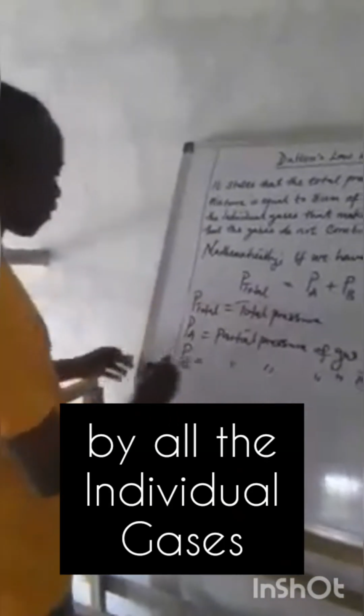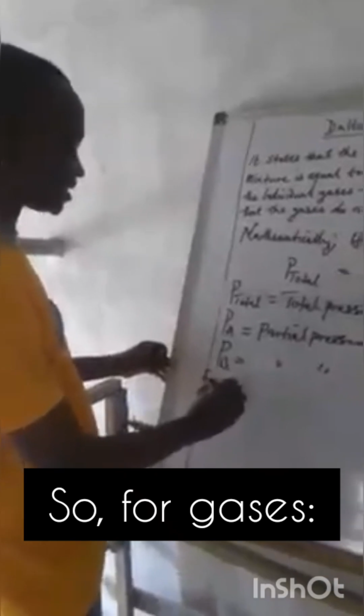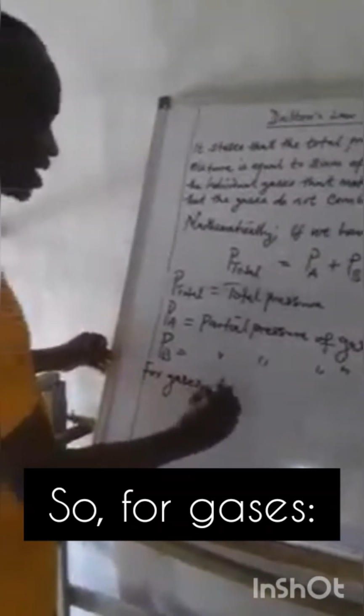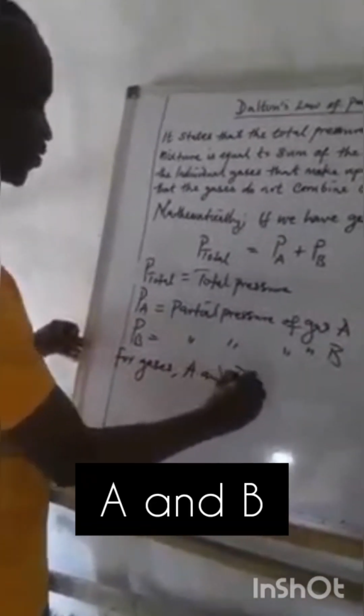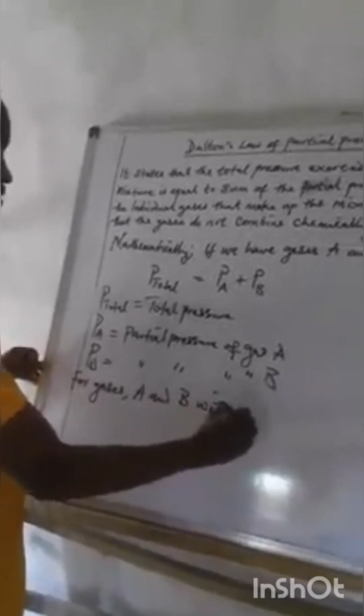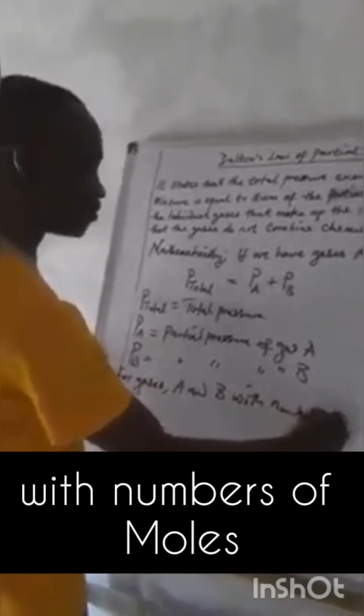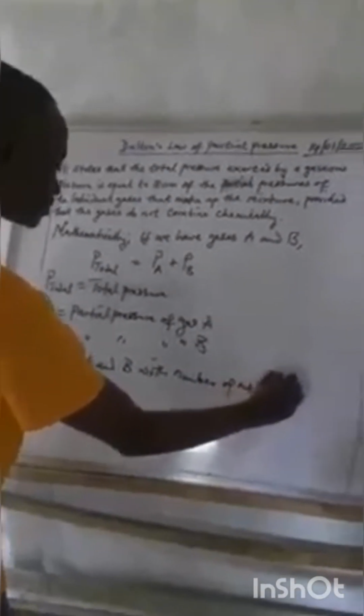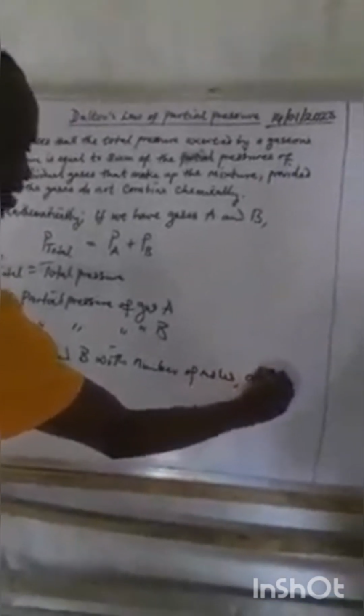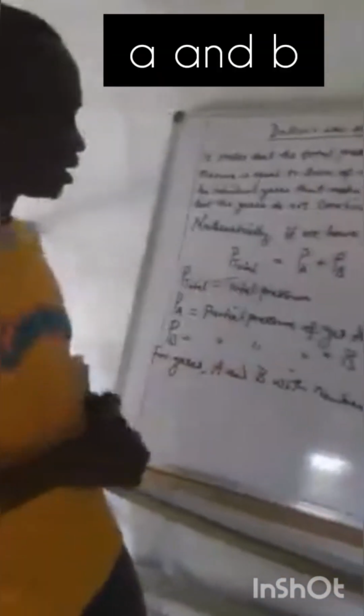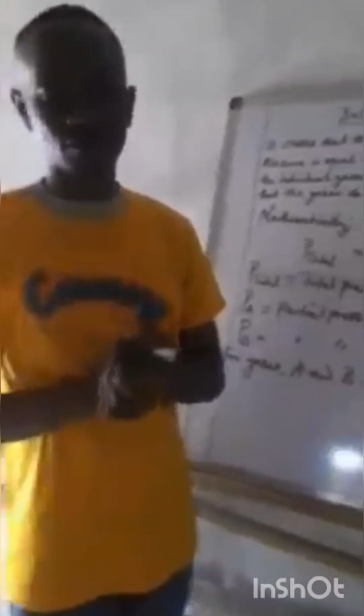So, for gases A and B with number of moles A and B, we can now derive the partial pressure.